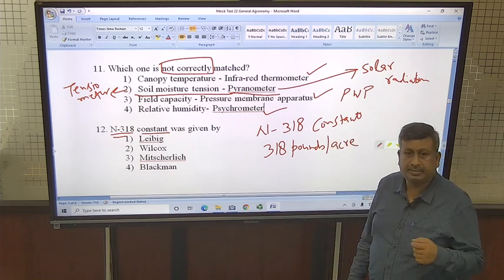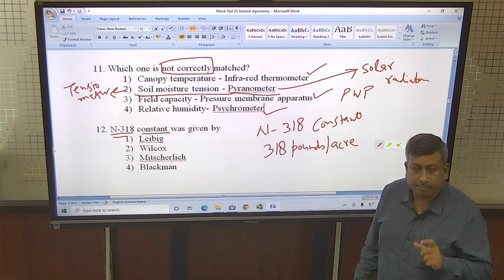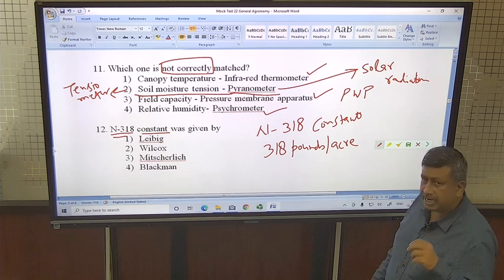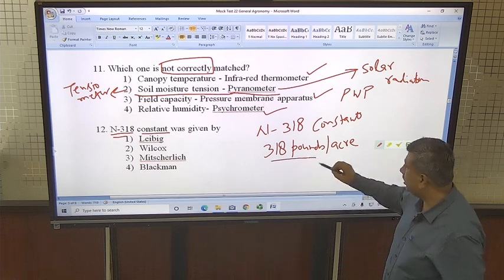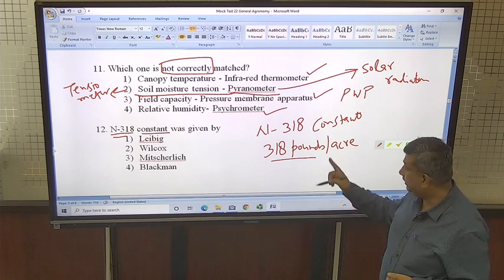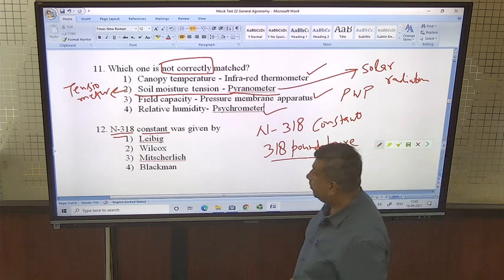In a single growth cycle, any crop, whether cereal, pulse or any other, can absorb a maximum of 318 pounds nitrogen per acre. This was given by Wilcox.